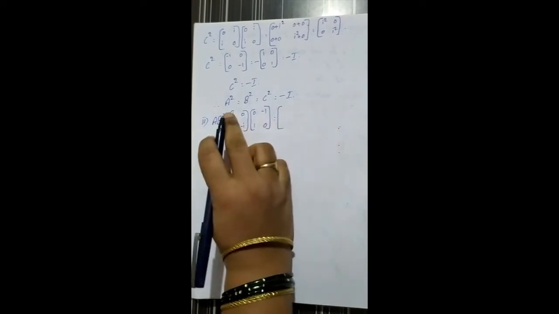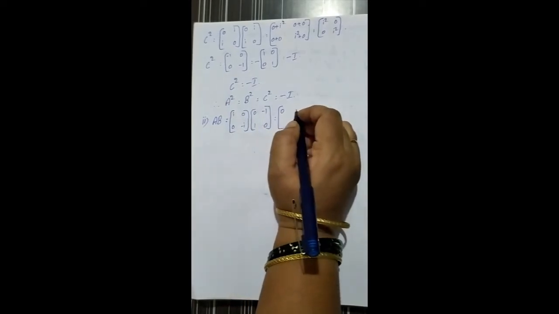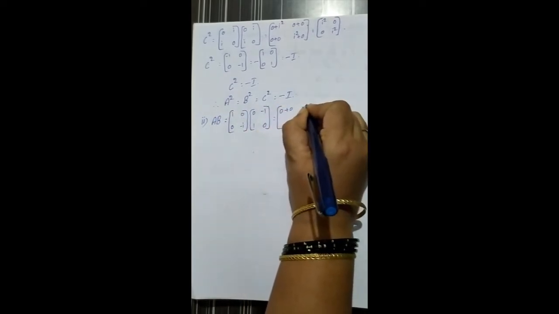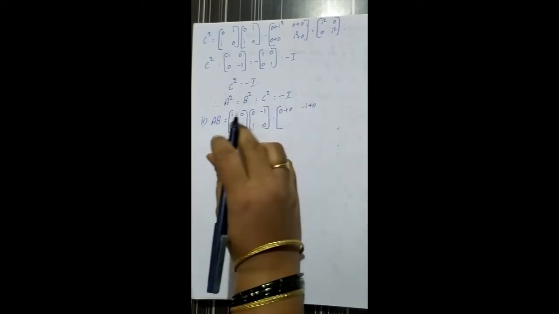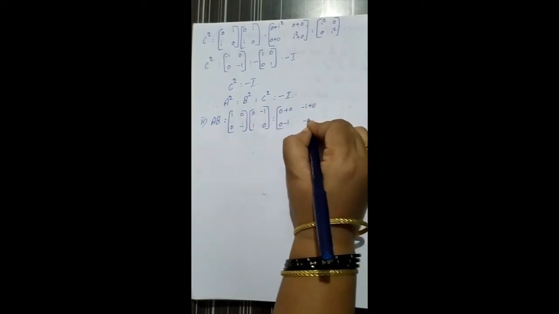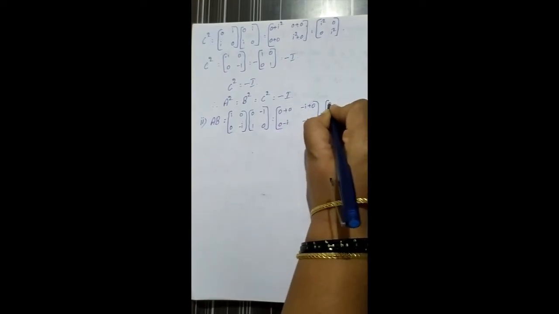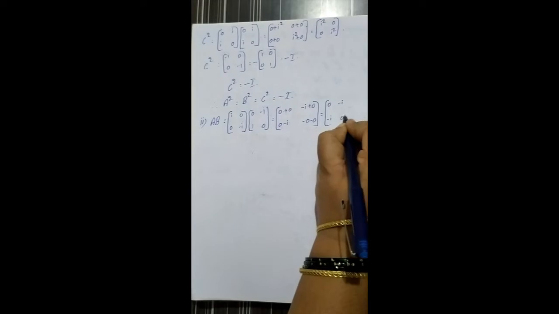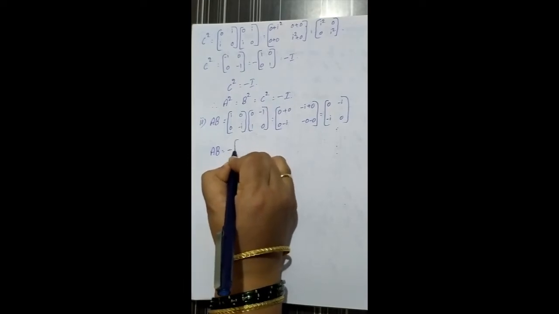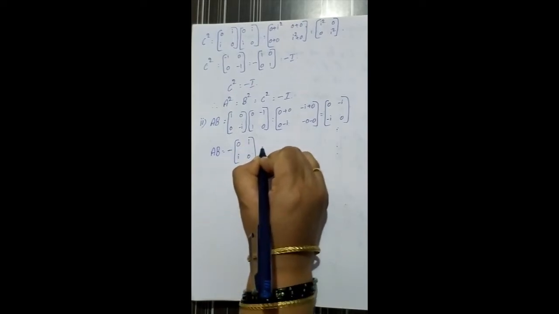That is equal to [0, -i; -i, 0]. Then AB equals, here also taking minus common, minus of [0, i; i, 0].